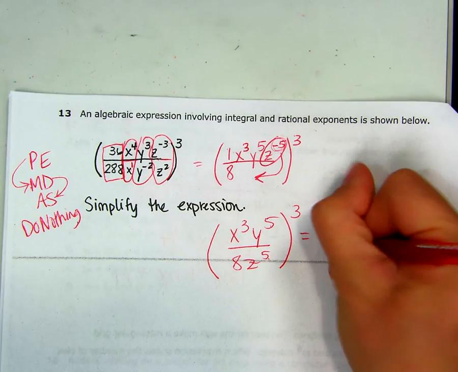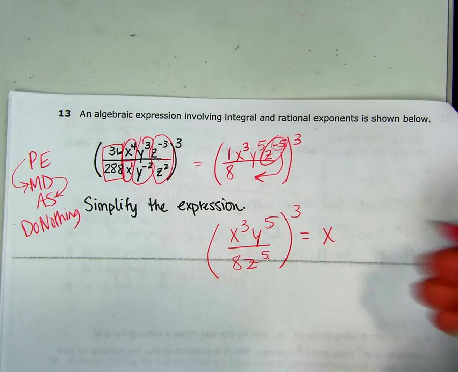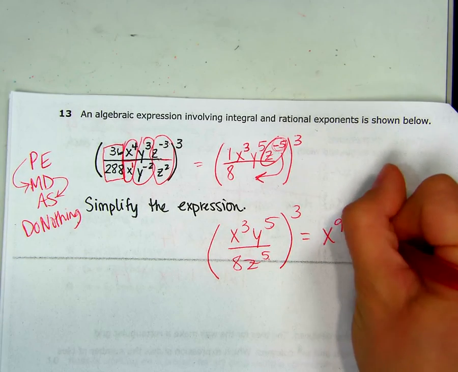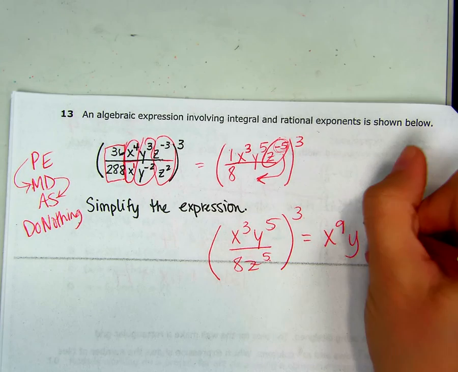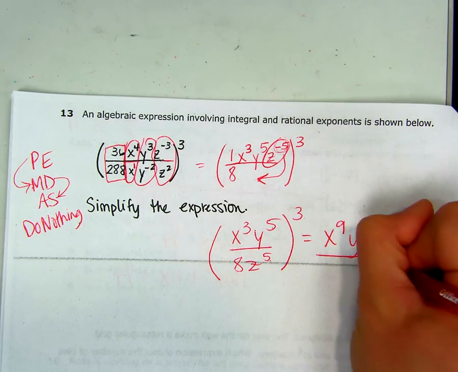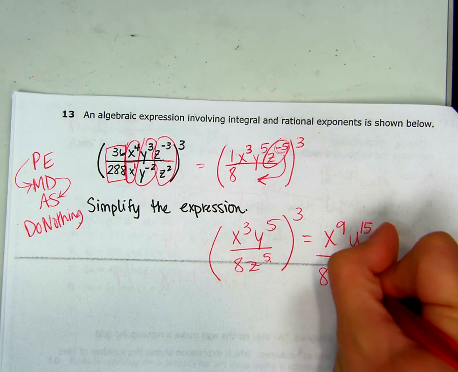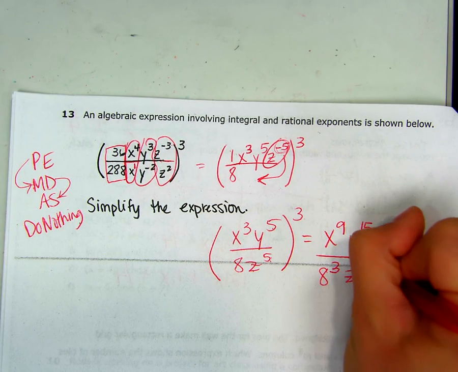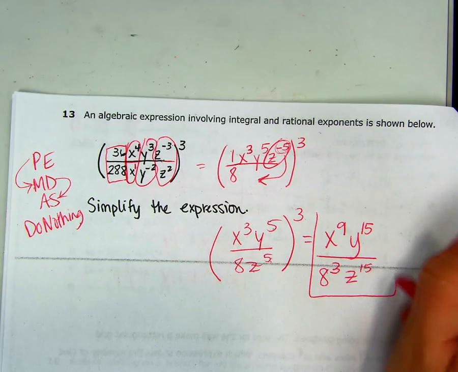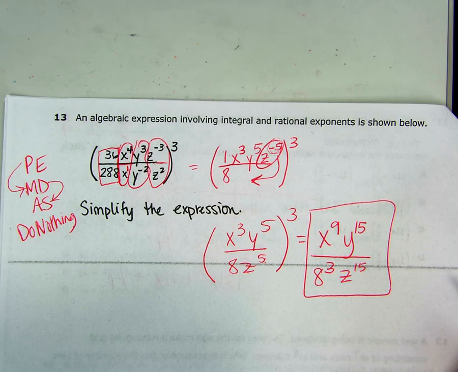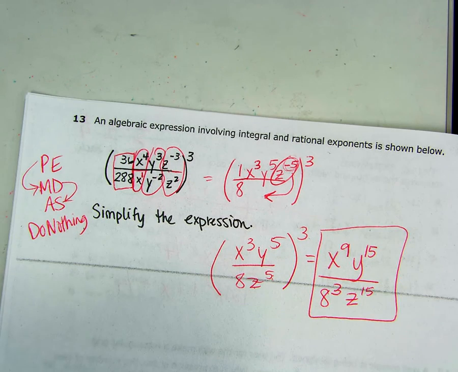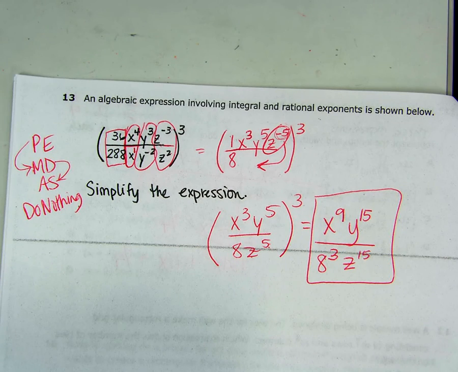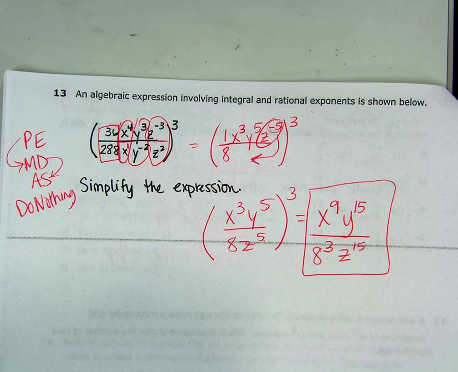So this becomes x to the 3 times 3 makes 9. y to the 5 times 3 makes 15, over 8 to the third. z to the 5 times 3 makes another 15. This is my final answer. Each letter appears once, and I only have positive exponents. All right, press pause. Talk in your group about this problem. Try to answer each other's questions, and then when everyone's ready, let's do number 14.